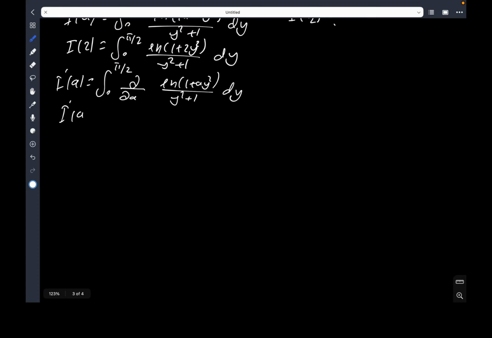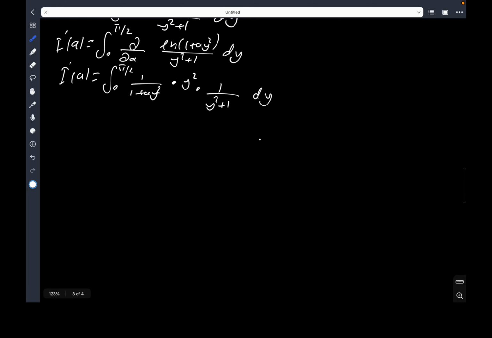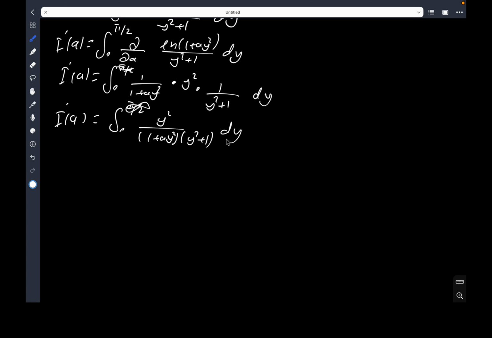Now I prime of a is going to be the integral of 1 over 1 plus ay squared, according to the chain rule, multiplied by y squared times 1 over y squared plus 1 dy. So here I prime of a is going to be the integral from 0 to infinity, I just forgot to change my bounds, of y squared over (1 plus ay squared)(y squared plus 1) dy.